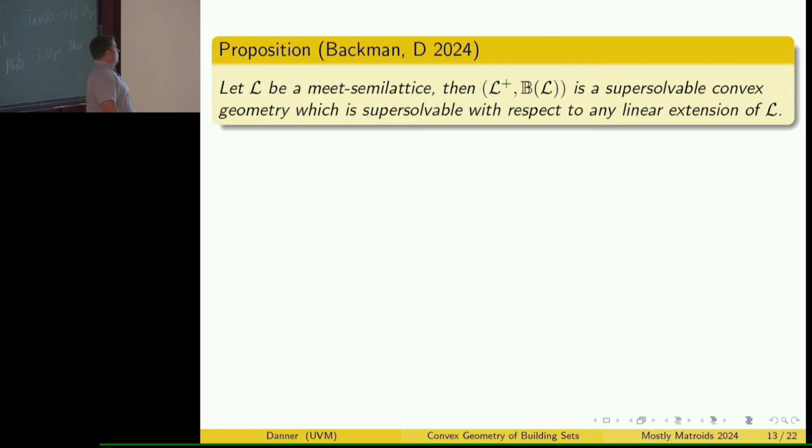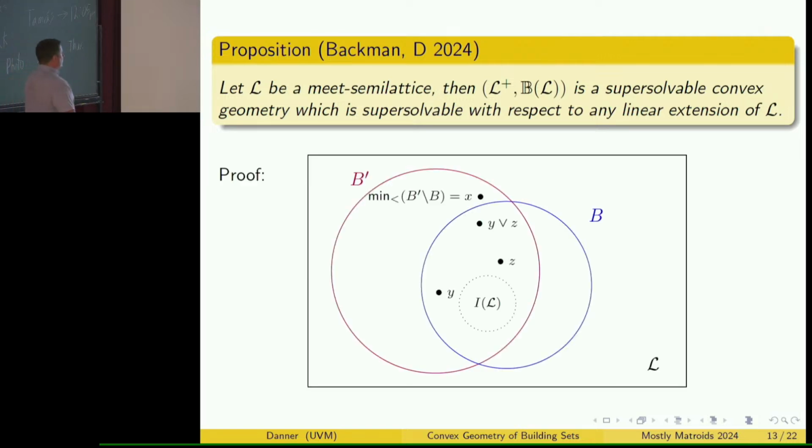All right. So it turns out that the set of building sets, if you take a meet semilattice, for example, a geometric lattice, they form a convex geometry, a supersolvable convex geometry. And now you have to pick a linear extension, right? So any linear extension you want.